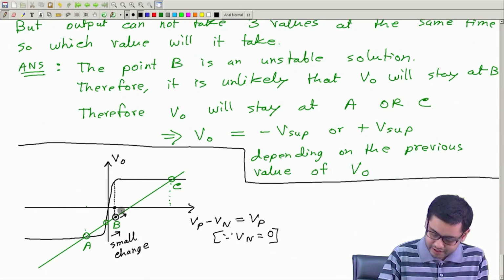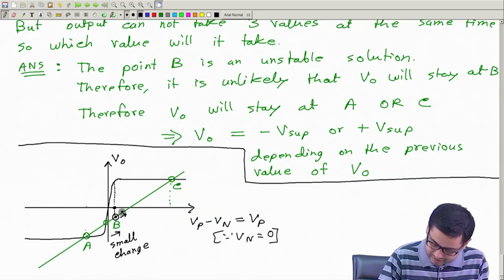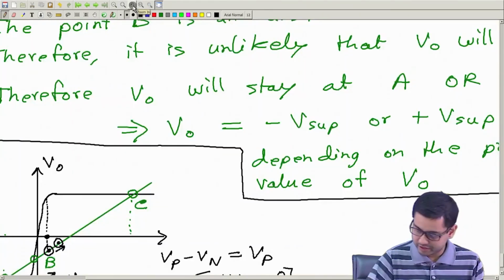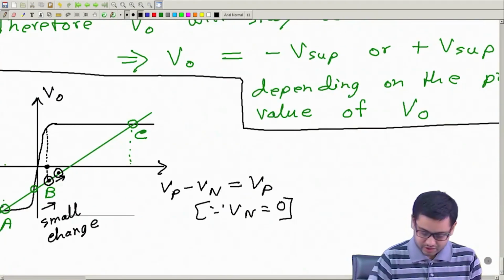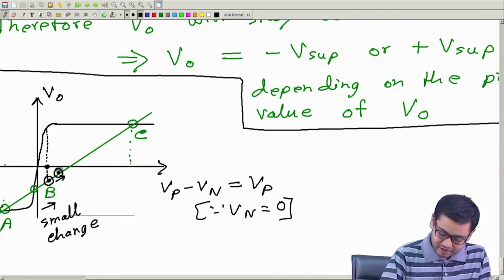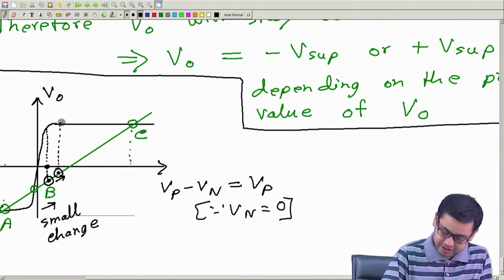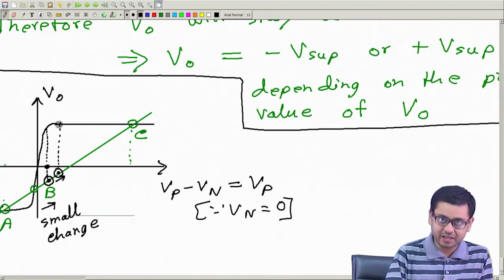Say now if it comes here, let me zoom in. Now if it comes here, then it will see the output should be this much, Vo should be here. So the op amp will try to increase its output further.